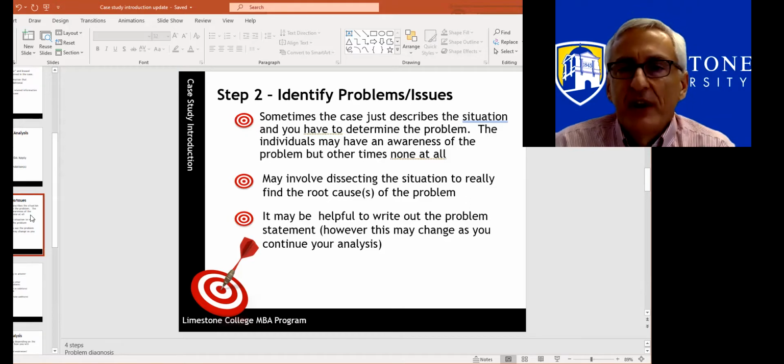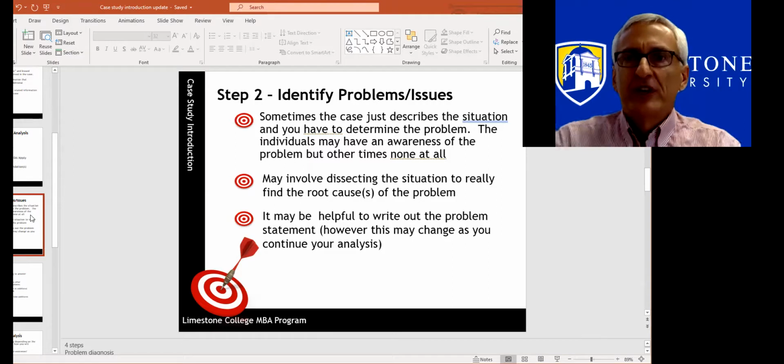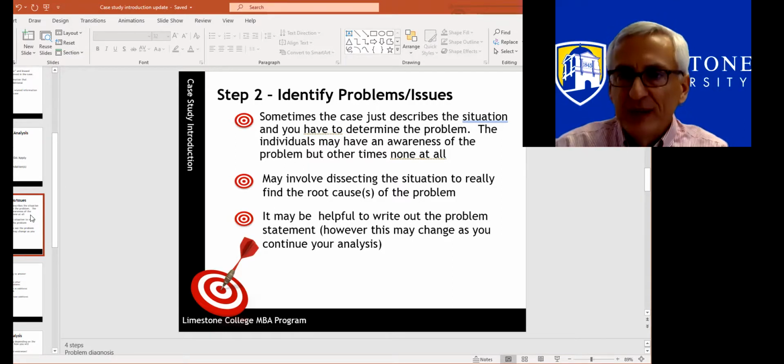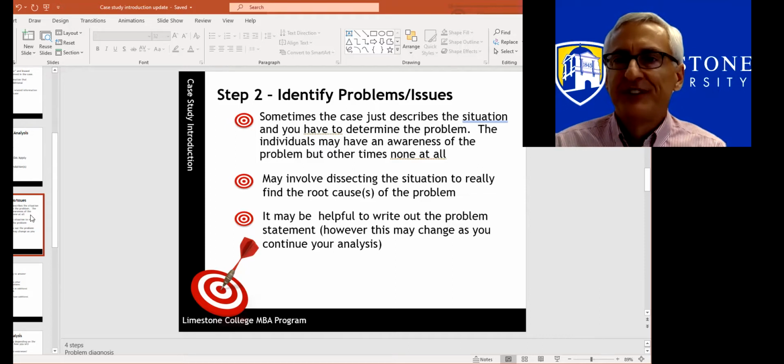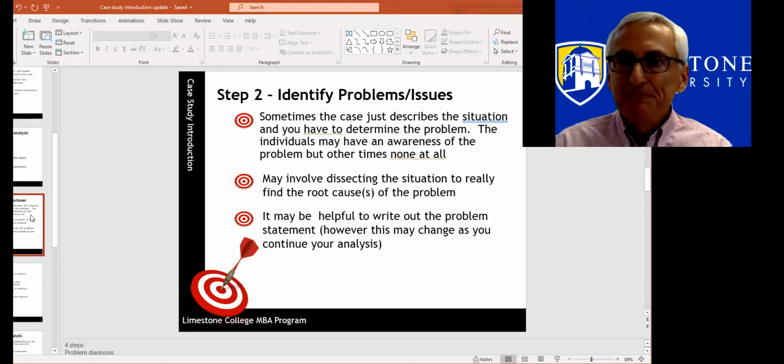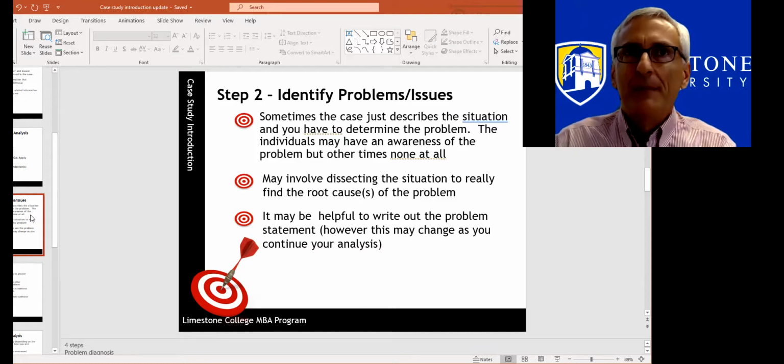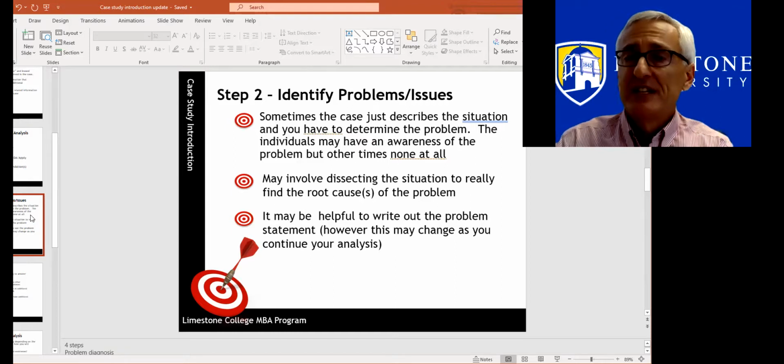To give an example that hopefully everybody can relate to, regardless of how much work experience you have, I'll use a university, and I'll use Limestone as an example, but it's really true of any university that you went to in undergrad. So imagine a school says, okay, we have a retention problem.